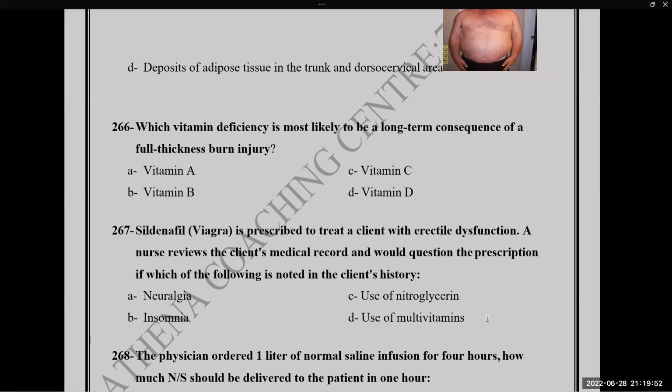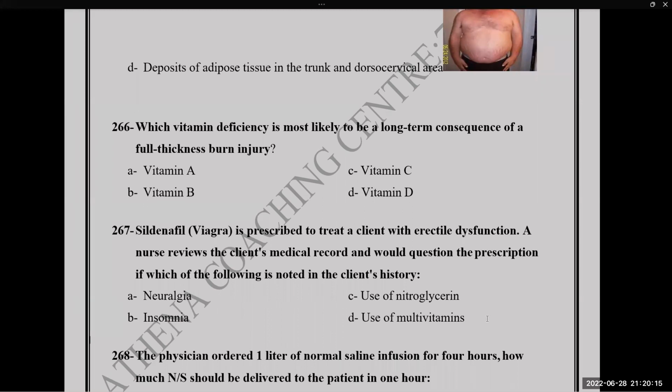So the problem of the patient is erectile dysfunction, and for that Viagra is advised. The question says one of the following problems is considered problematic when you administer this medication.